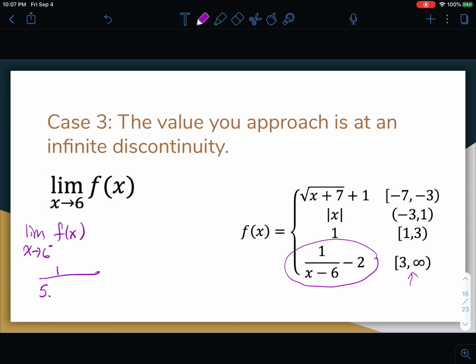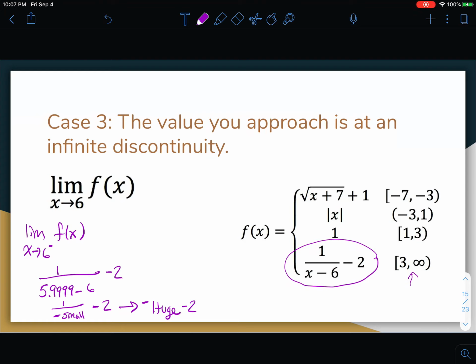So 5.9999 minus 6, and then minus 2. If you were to take 5.9999 and subtract 6, you should get a negative small number. So 1 over a negative small number, and then we would subtract 2. Now, if you take 1 and divide by a teeny tiny negative number, you get a negative huge number. And then you're going to take 2 away.